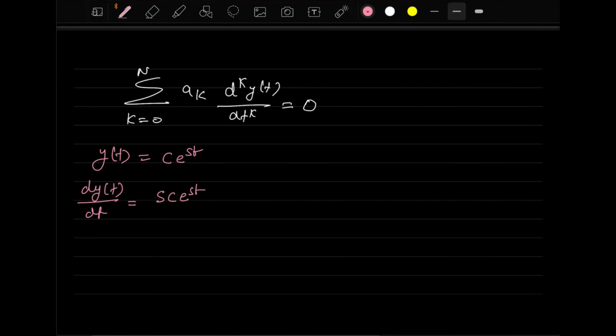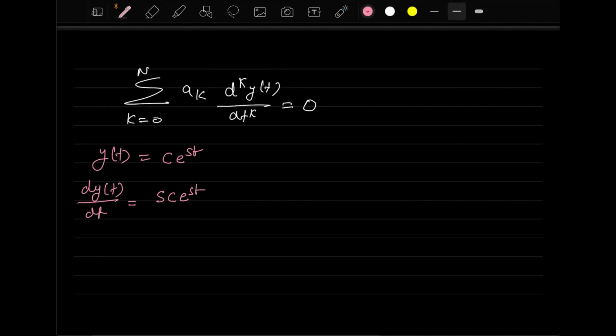As you know, we have multiple derivatives involved here, where k is running from 0 to N. So if this is a solution, we want to see what kind of equation multiple derivatives of it will result in. If you take one derivative, it will be s C e^(st).